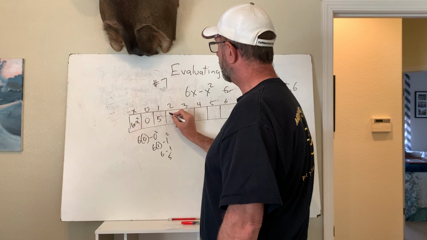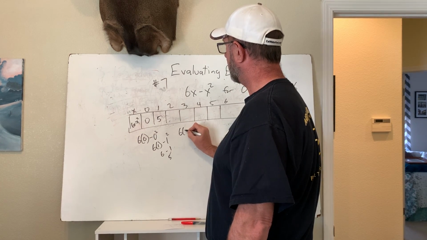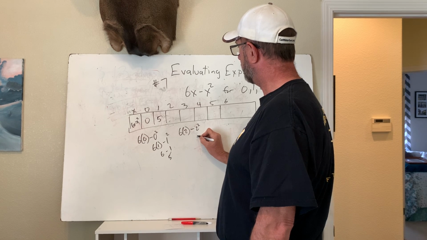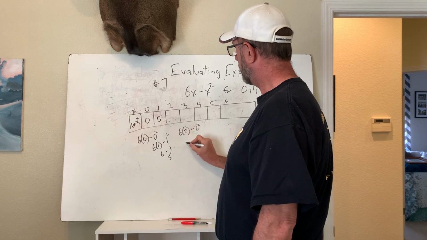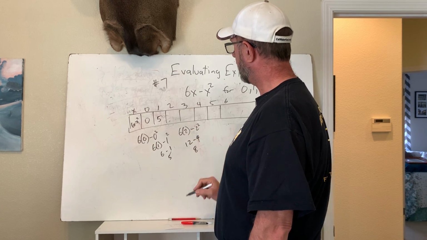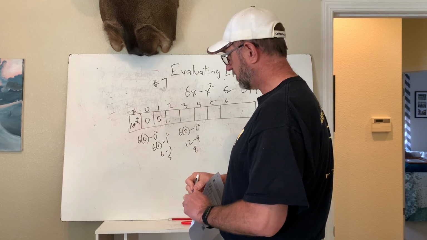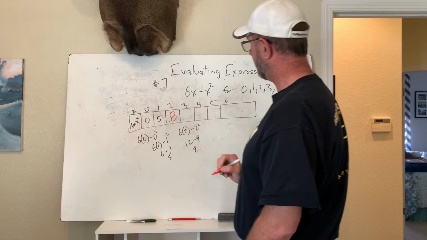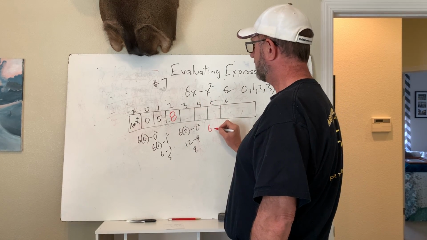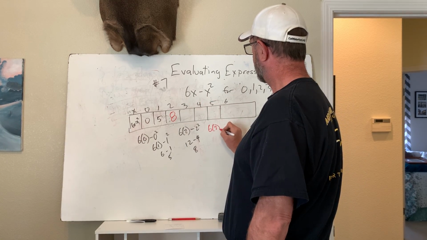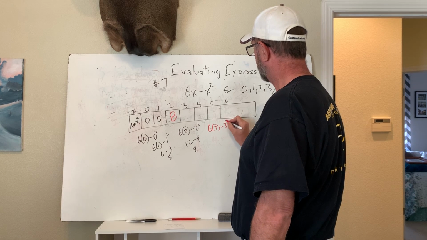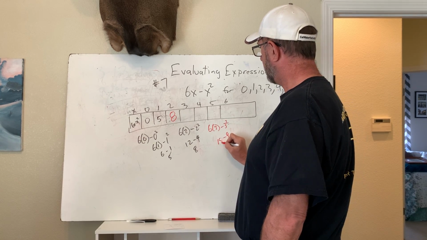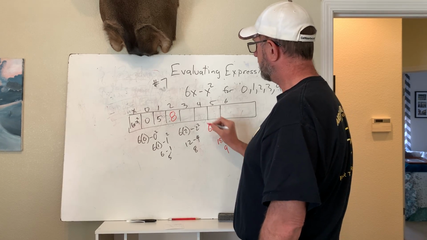Okay. So for 2, we say 6 times 2 minus 2 squared. 2 squared is 4. 12 minus 4 is 8. Okay? Here we go, 6 times 3 minus 3 squared. 3 squared is 9. 6 times 3 is 18. 18 minus 9 is 9.